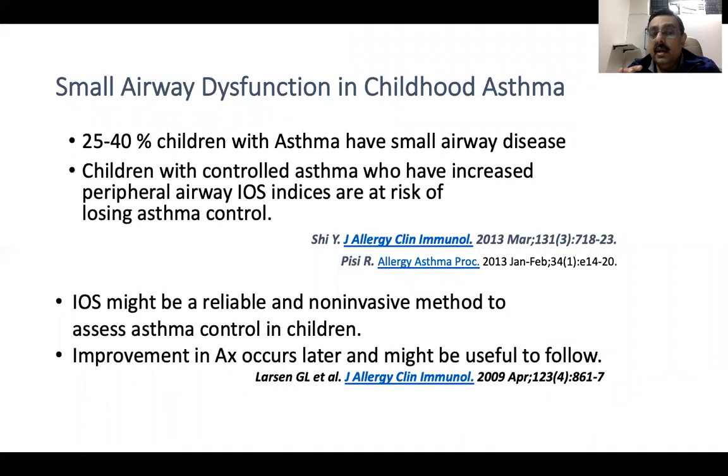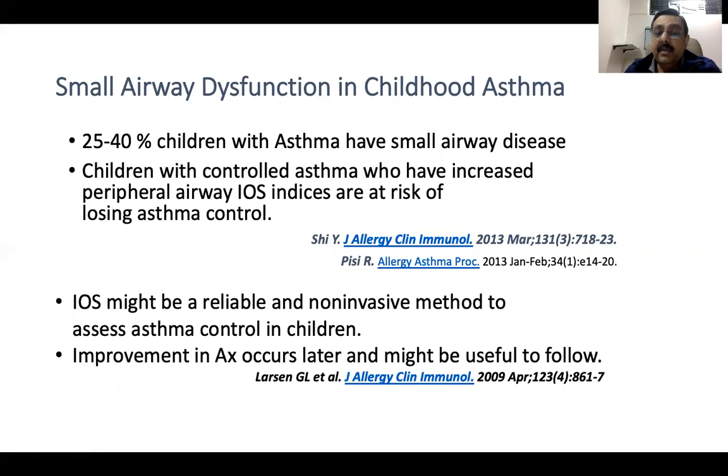So 20 to 40% of children with asthma have small airway disease. It has also been seen that children with controlled asthma who have increased IOS values are at risk of losing asthma control if the drugs are tapered at that point of time. Because the spirometry is normal, they're looking quite good, they're asymptomatic, and we tend to decrease the medicines, right?